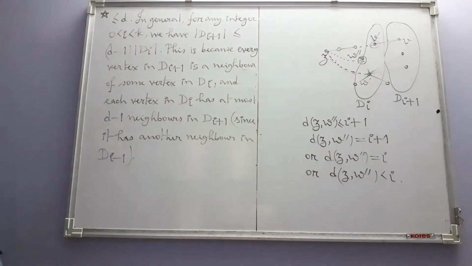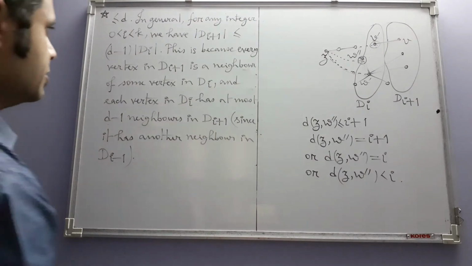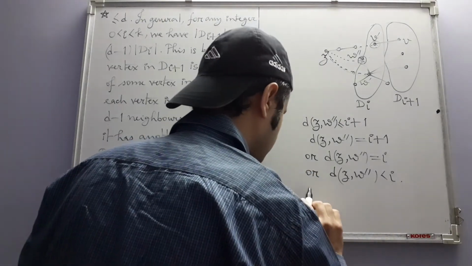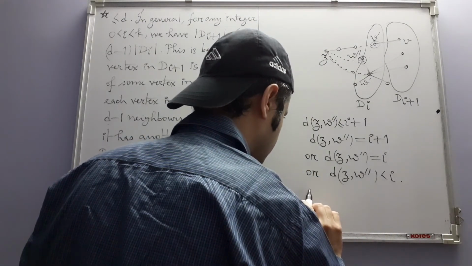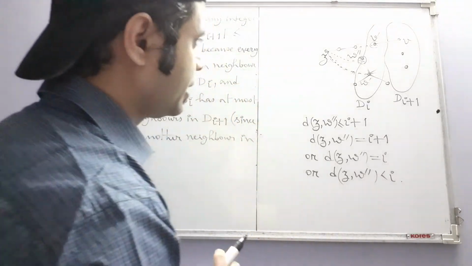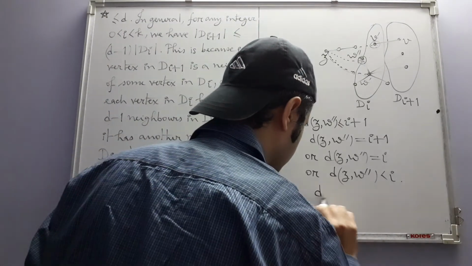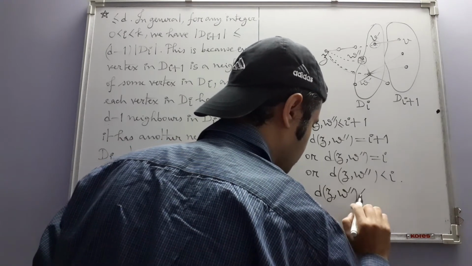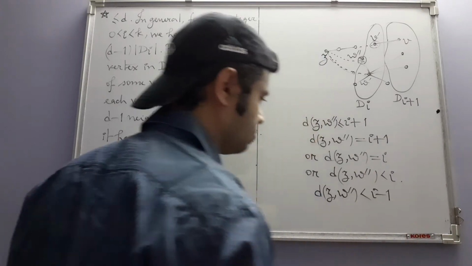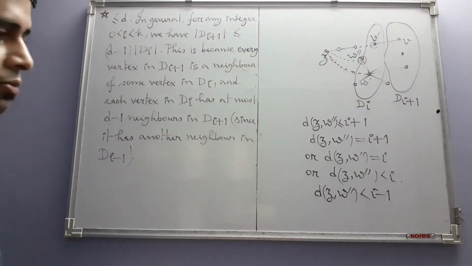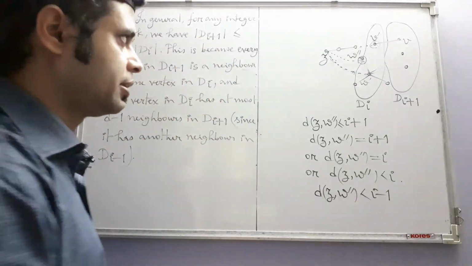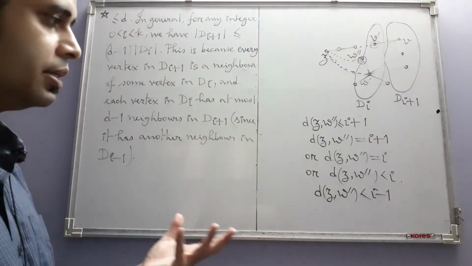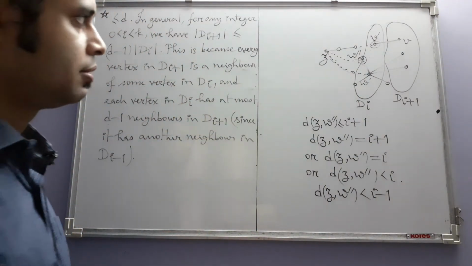Okay. Now the point we are making here is this. The distance cannot be less than I minus 1, because if the distance is less than I minus 1, then clearly there is some path joining Z and W double prime whose distance is less than I minus 1.